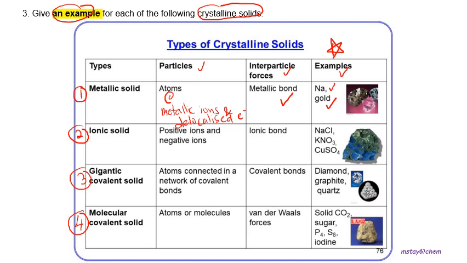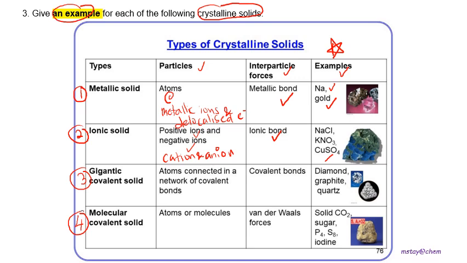We know that the type of particles in it are positive ion and negative ion, cation and anion. The attraction between cation and anion will form an ionic bond. So these are the examples for the ionic solids: sodium chloride, potassium nitrate, copper(II) sulfate.